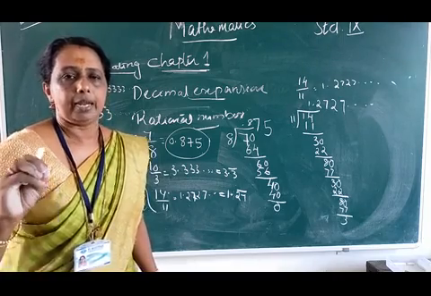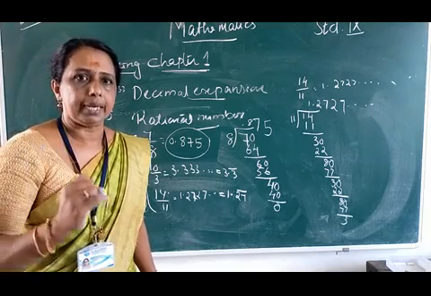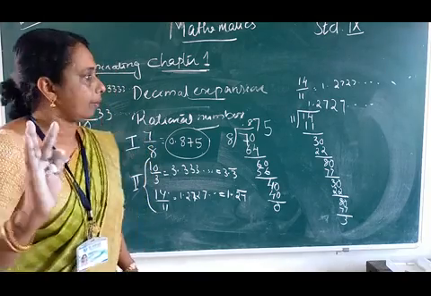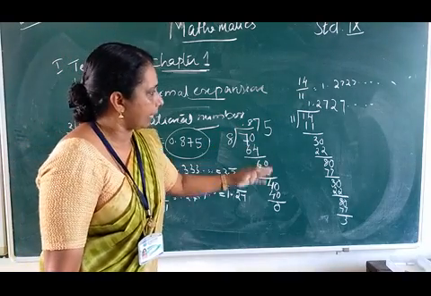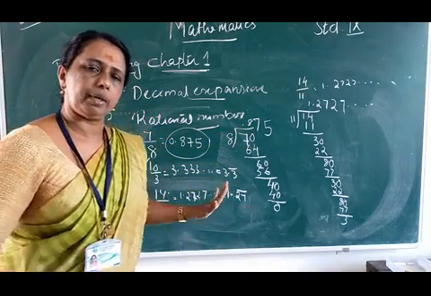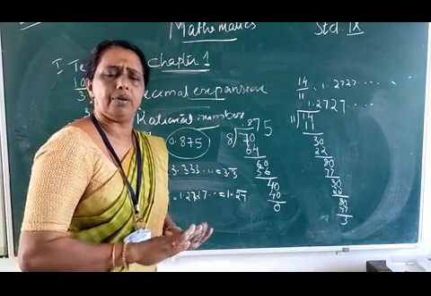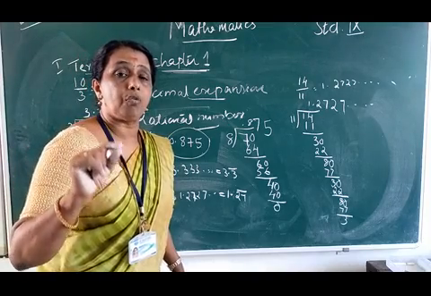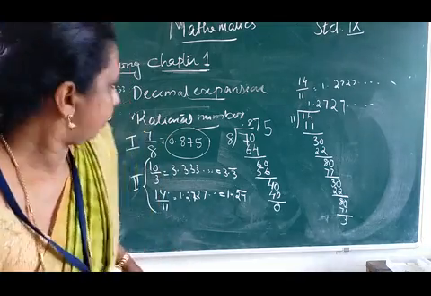That is, real numbers have two types of decimal expansion: terminating and non-terminating recurring. Terminating means in the division after some steps the remainder becomes 0. Non-terminating recurring means the remainder never becomes 0, the division never ends, and in the quotient one digit or a block of digits is repeating. Understood? Listen.